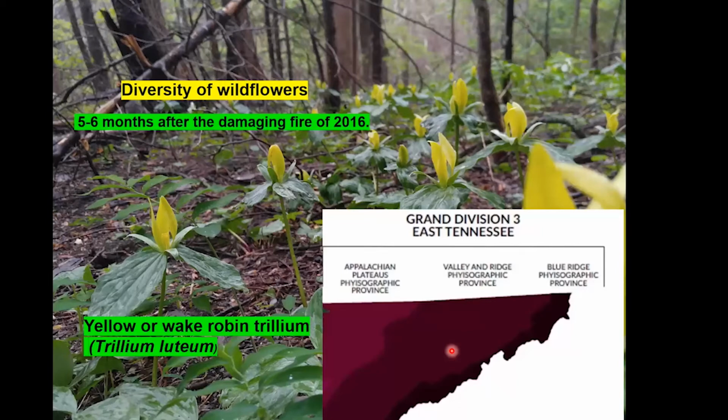And the diversity of wildflowers. This is an area, I guess it was after that fire in 2016. They wanted to see how the forest would respond. The trees may take a while to come back, but the first thing to come back after a forest fire would be the flowering plants. A lot of those plants are made to survive a catastrophe like that, a fire.